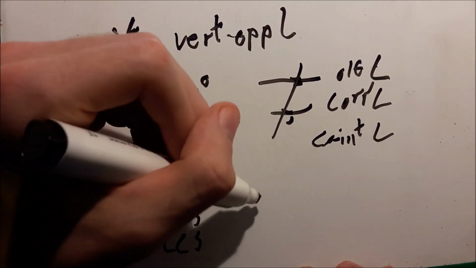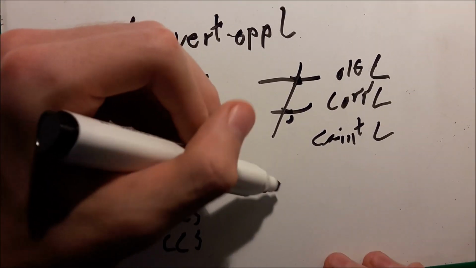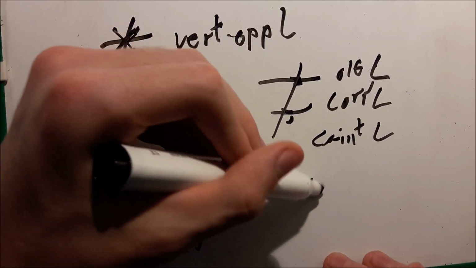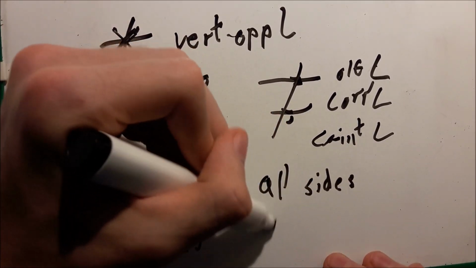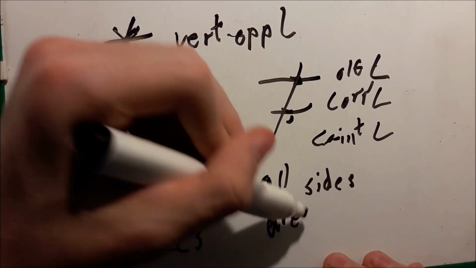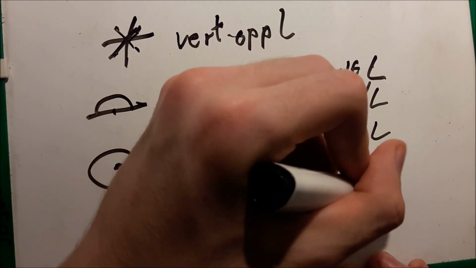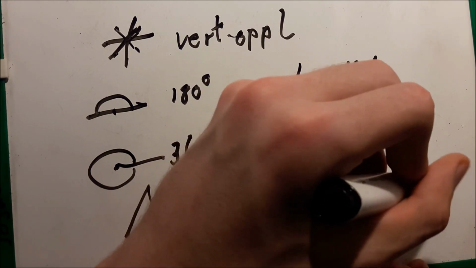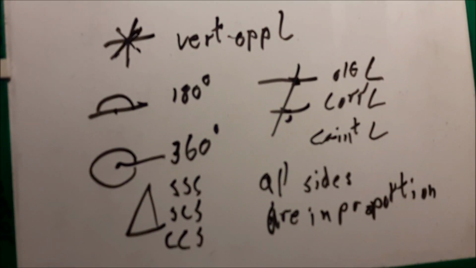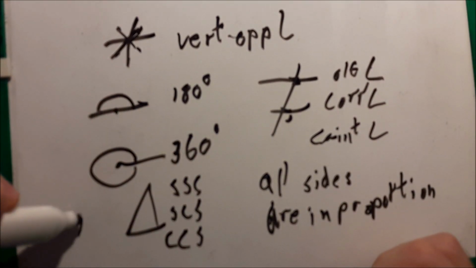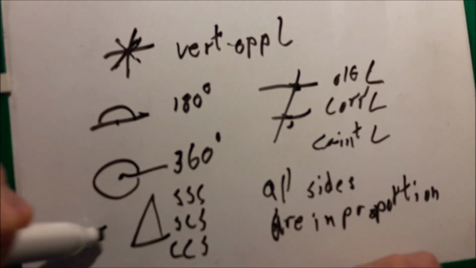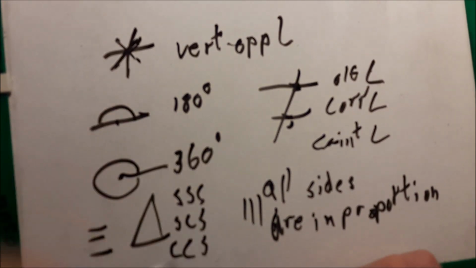And with similar triangles, all sides are in proportion to each other. So that's with congruency, and that's with similarity.